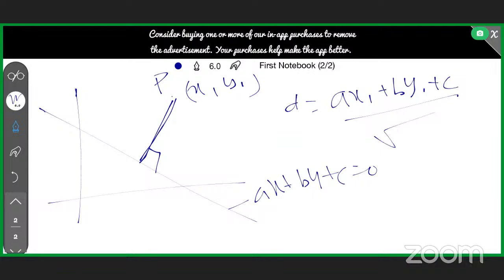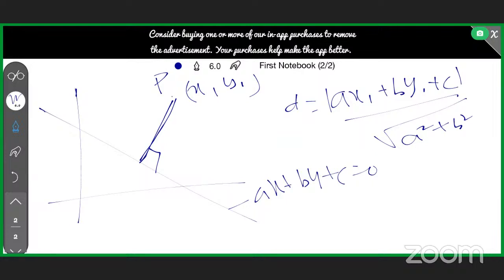We take it as modulus because distance is always measured in positive terms. I can't say that I walked minus 2 kilometers; I say I walked 2 kilometers. So we don't use distance in negative terms, and only use the modulus.